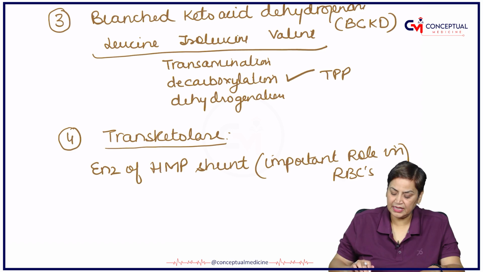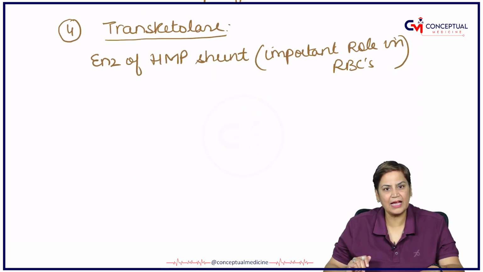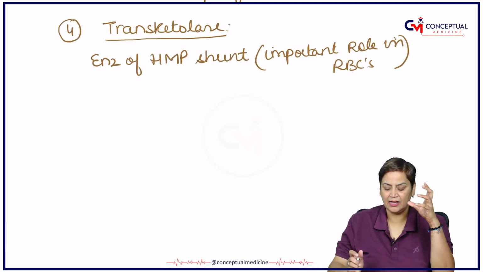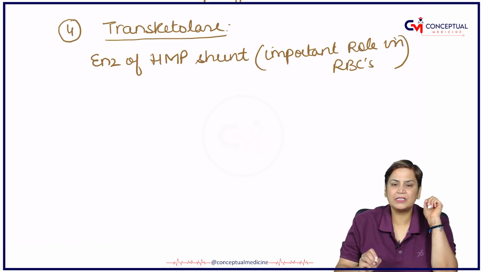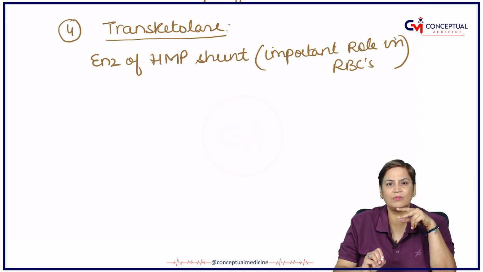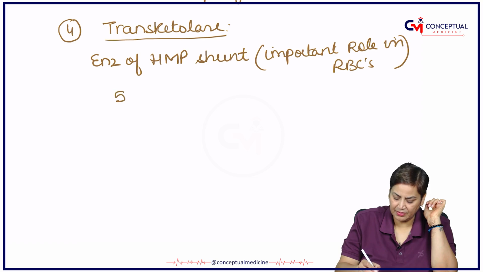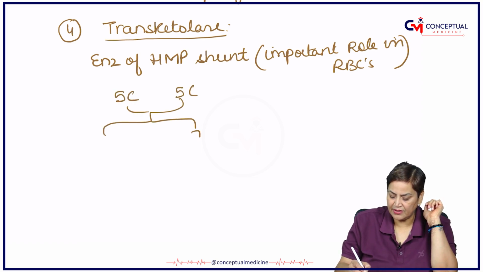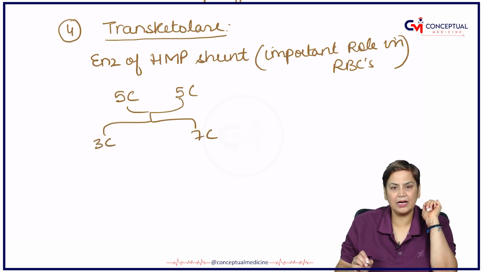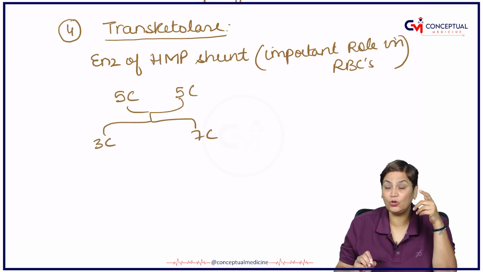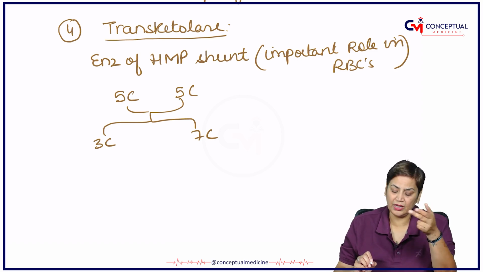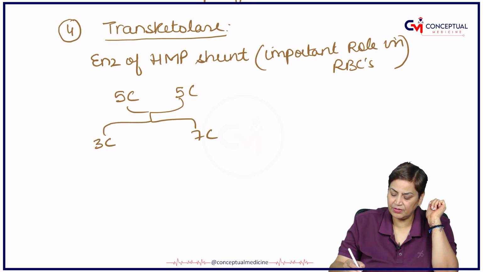Right, so basically in transketolase what is happening is that 5 carbon atom and 5 carbon atom combine to form 7 carbon atom and 3 carbon atom. The 7 carbon atom is a ketonic sugar, so transketolase, and in HMP shunt there are 2 transketolase reactions.